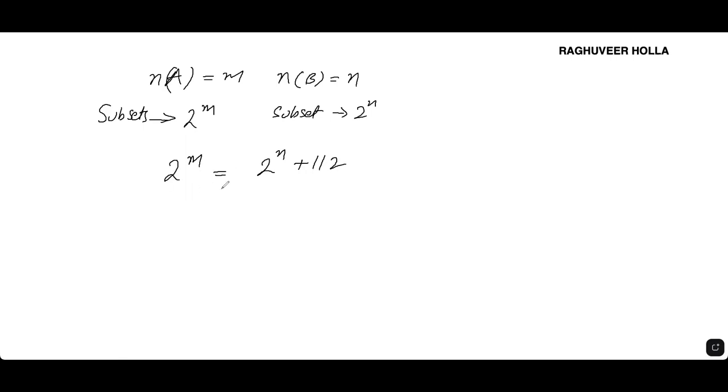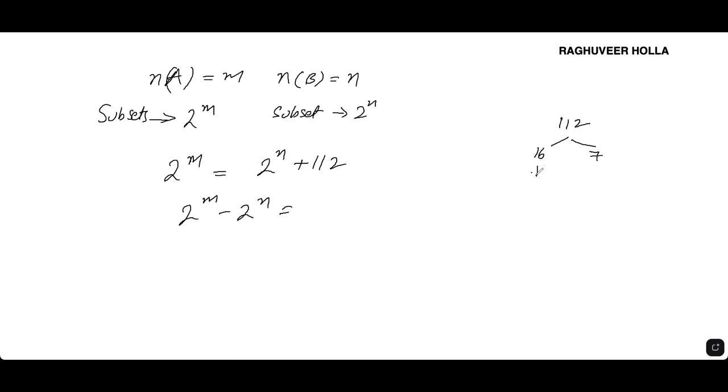Now let us put this term on the left hand side: 2 to the power of m minus 2 to the power of n equals 112. When you simplify it, 112 is 16 into 7. 16 multiplied by 7 is 112.